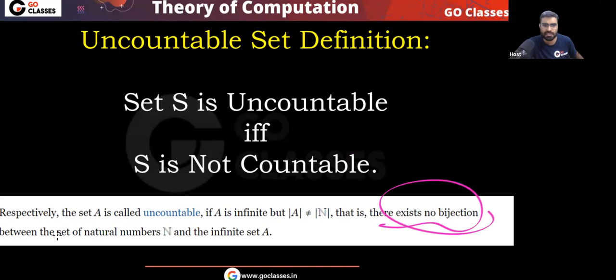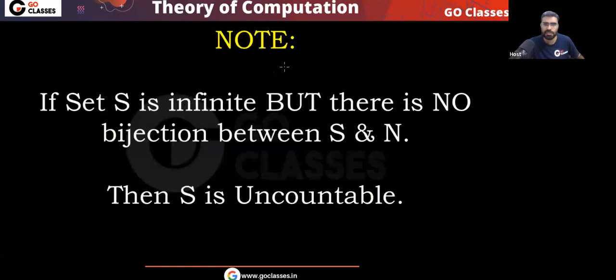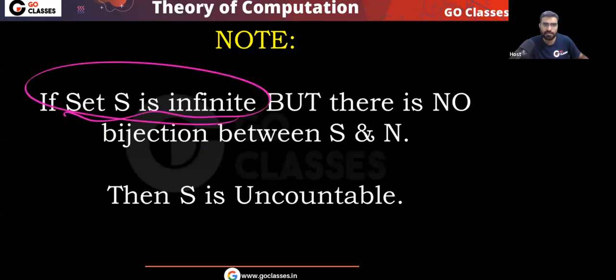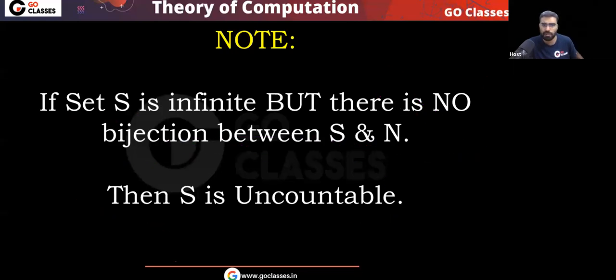So if you have an infinite set which does not have any bijection with N, then this type of set will be called an uncountable set. So all these definitions we have already seen.